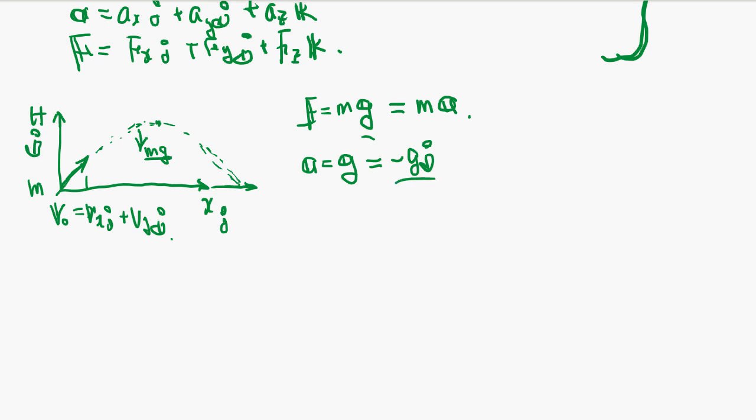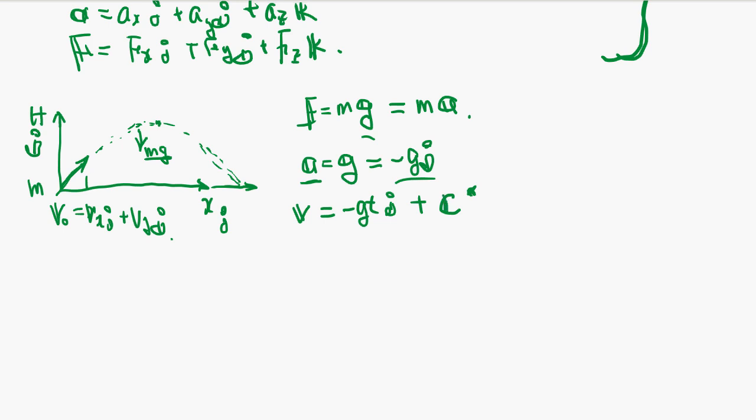Now, if you take an integral, then we get the velocity function. It's going to be negative g t j plus, don't forget, a constant vector c.